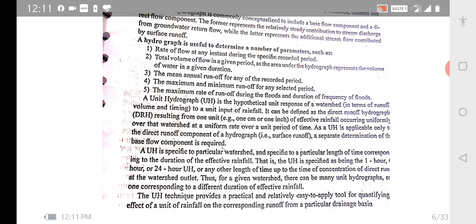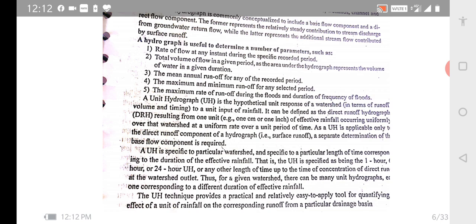That is, a unit hydrograph is specified as being a 1 hour, 6 hour, 24 hour unit hydrograph, or any other length of time up to the time of concentration of direct runoff at the watershed outlet. Thus, for a given watershed, there can be many unit hydrographs, each one corresponding to a different duration of effective rainfall. So, based on the rainfall, you can have unit hydrographs for 1 hour, 6 hours, whatever period you decide.